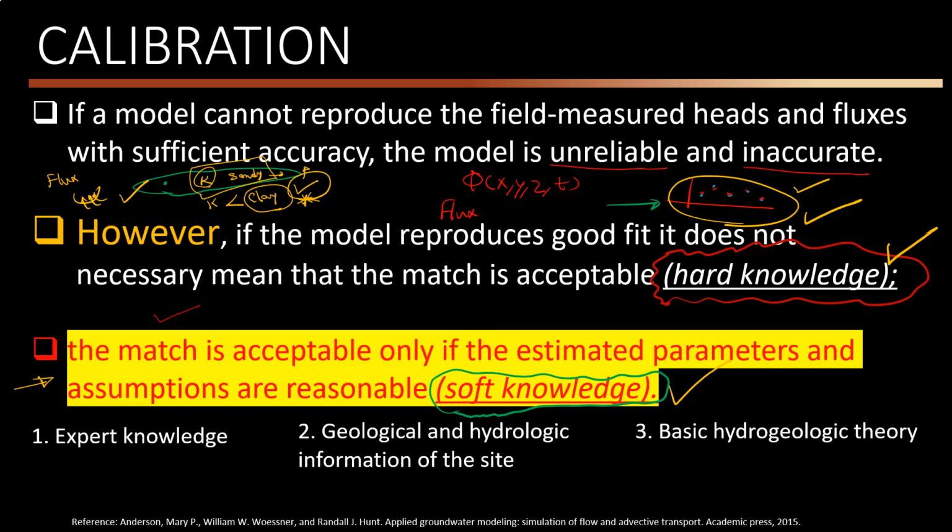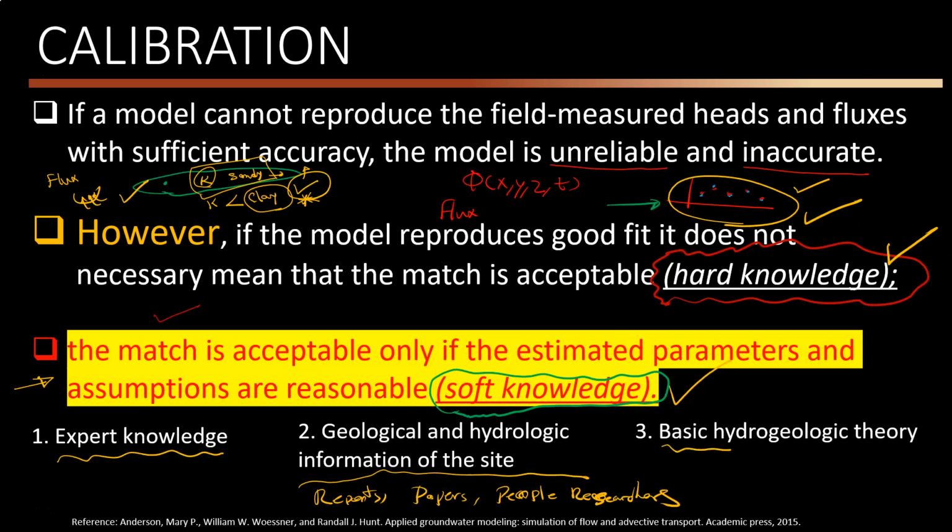You have to have very good expert knowledge, and very good geological and hydrological information from the site, which you can find in reports and papers, and also by talking with people and researchers. And you also have to have a basic hydrological theory, or you need to know the basics of hydraulics.